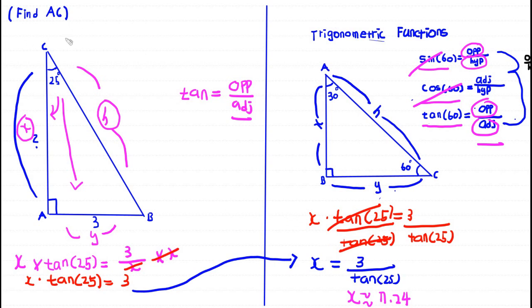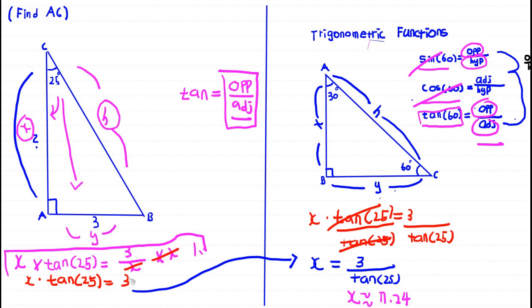And so for this triangle, we used tangent, which is one of the trigonometric functions, and tangent was opposite over adjacent. And for the first step here, we made an equation in order to solve for this triangle.